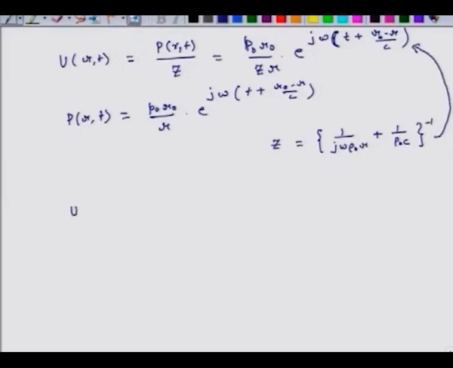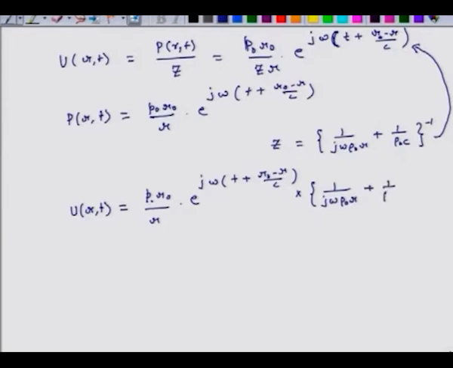What I get, my expression for complex velocity, is this: complex velocity equals p naught r naught over r times e to the j omega times t plus r naught minus r divided by c, times 1 over j omega rho naught r plus 1 over rho naught c.